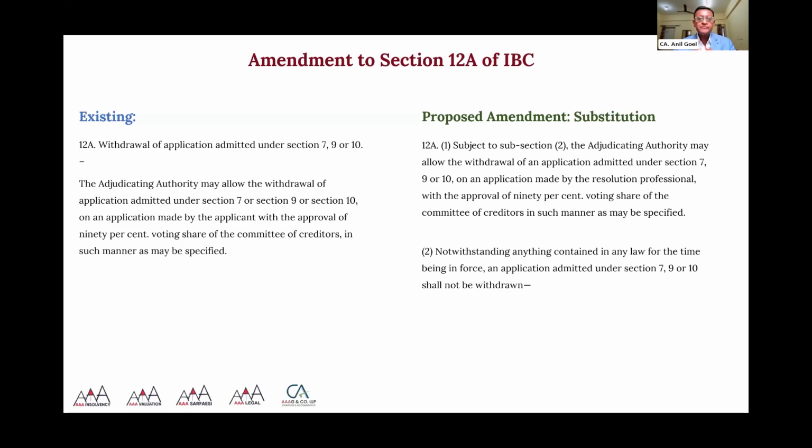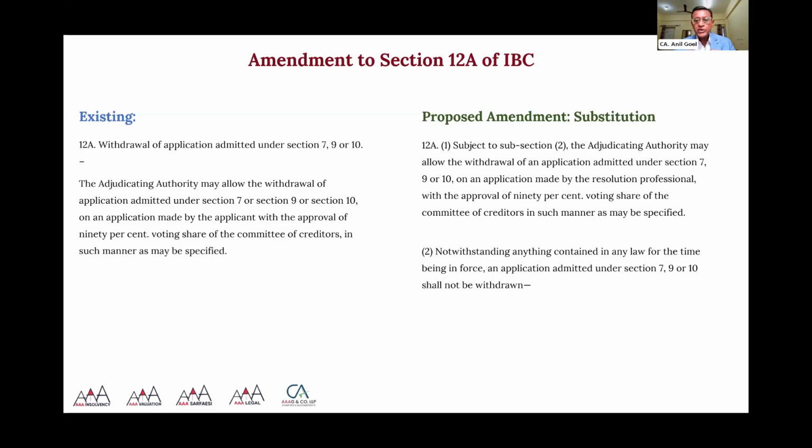They have also added subsection 2, and it says that, subject to subsection 2, the adjudicating authority may allow the withdrawal of an application admitted under section 7, 9 or 10 on an application made by the resolution professional with the approval of 90% voting share of the committee of creditors in such manner as may be specified. Now, the manner will be specified by the board.